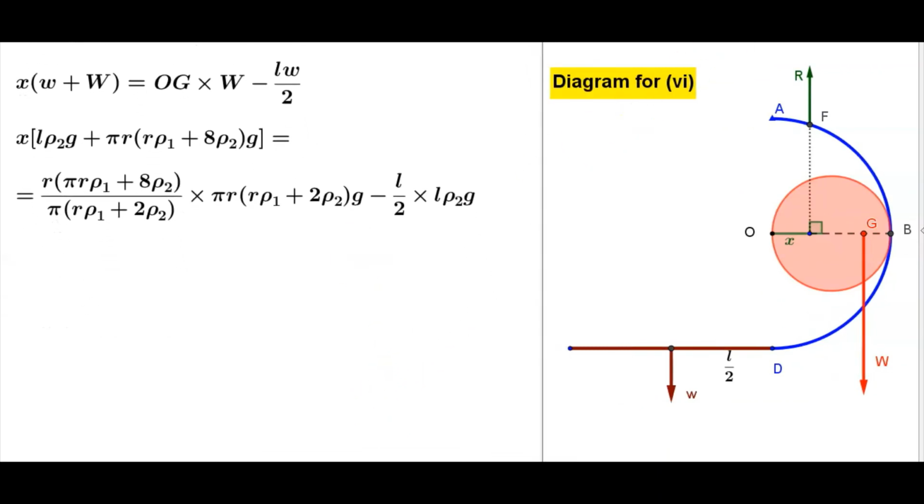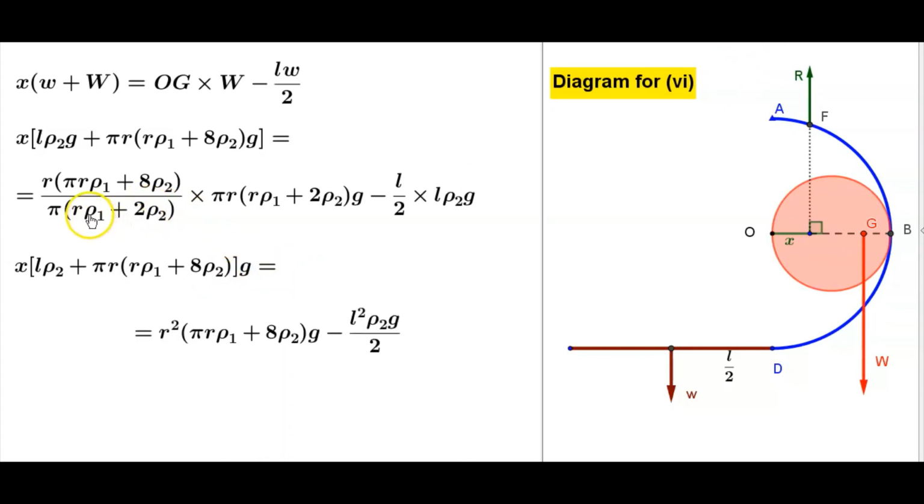Then simplify further. Here x into L rho 2 plus pi r into r rho 1 plus 8 rho 2 into g. In the right hand side, this term cancels, r rho 1 plus 2 rho 2, here r rho 1 plus 2 rho 2 cancel, this pi cancels, r into r squared into pi r rho 1 plus 8 rho 2 g minus L into L squared rho 2 g by 2.